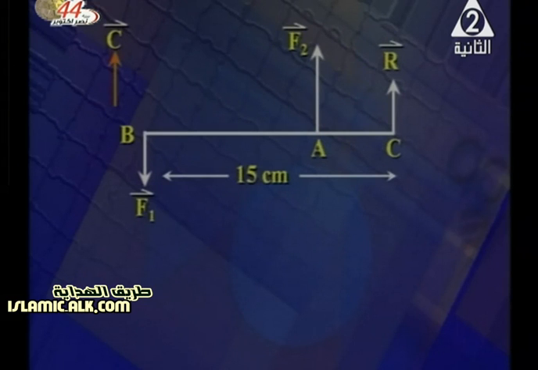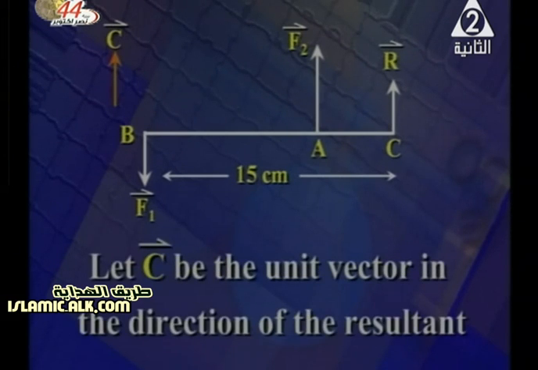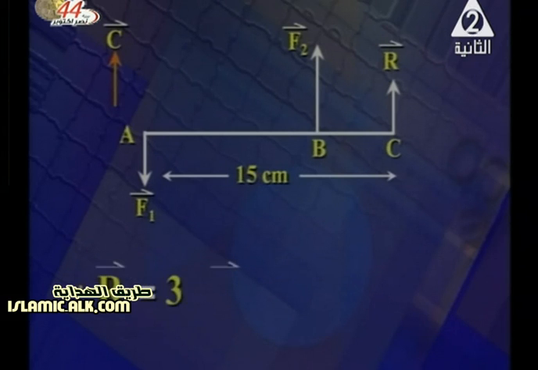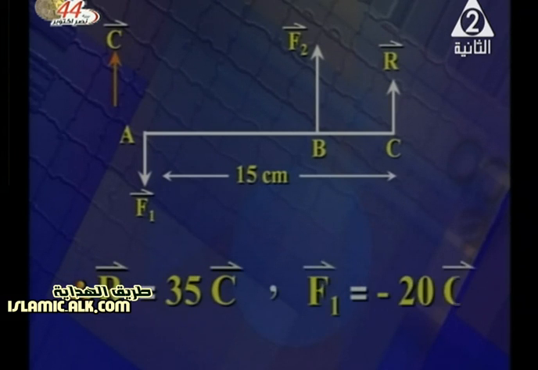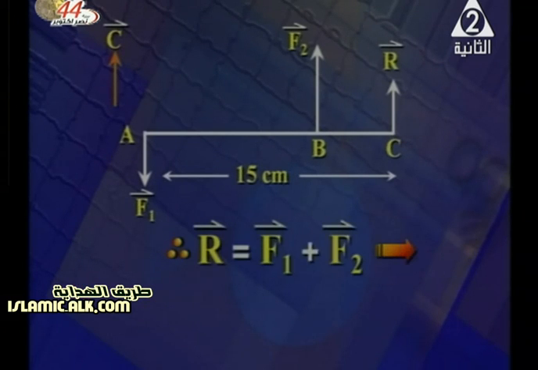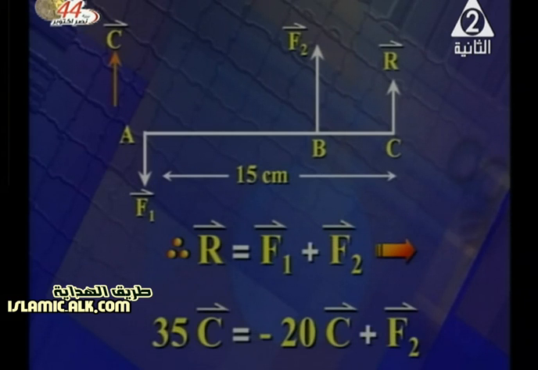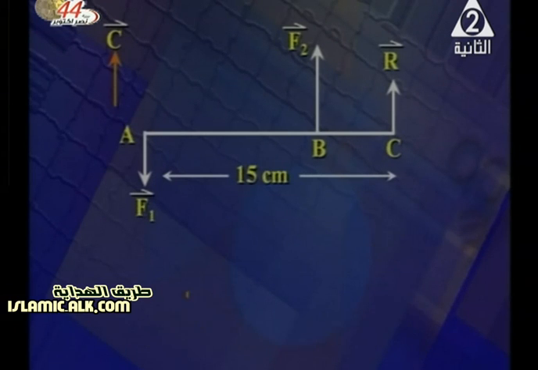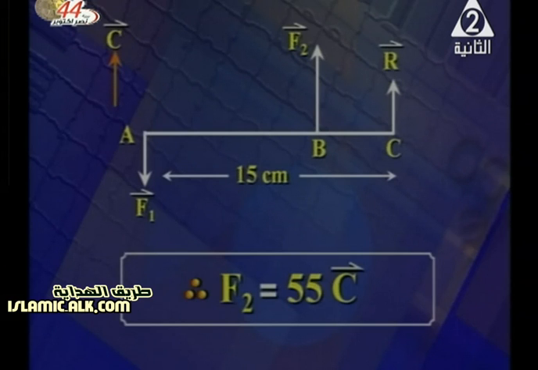Look at the second case: F1, F2 in the opposite direction. Remember, AC equals 15, and C is the unit vector in the direction of the resultant. Remember, the direction of R is the direction of the greatest force. Then R equals 35C, F1 equals negative 20C. Therefore, using R equals F1 plus F2 and substituting R equals 35C, F1 equals negative 20C, we find F2 equals 55C.